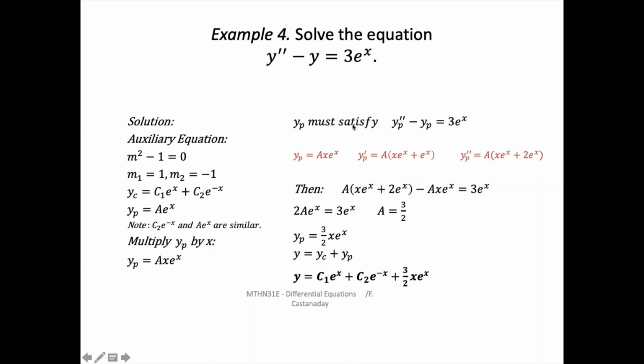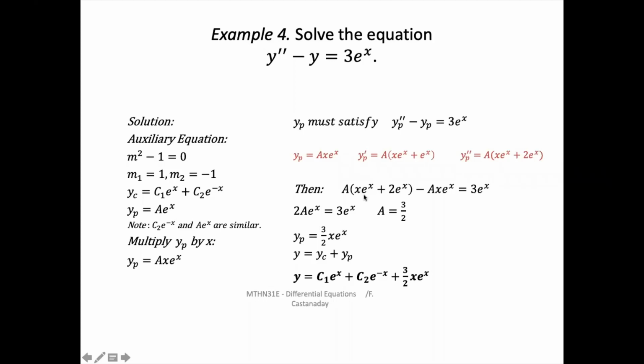Now we plug in here. So we now have a times x e raised to x plus 2 e raised to x. This is the value of y double prime sub p minus y sub p, which is ax e raised to x, equal to the right member of the equation, which is 3 e raised to x. Now we combine like terms and equate the coefficients.